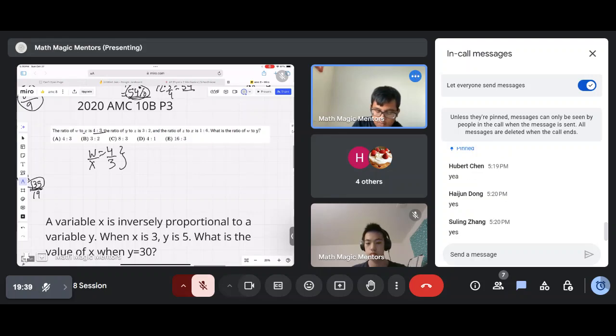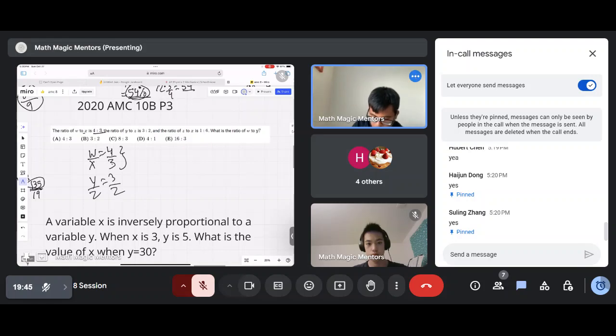So W to X is 4 over 3. All right. And then Y over Z is going to give me 3 over 2. And the ratio of Z over X is going to give me 1/6. Right. So what is the ratio of W to Y? All right. Can anyone give any ideas on how to start this?